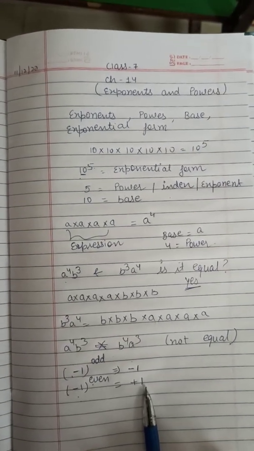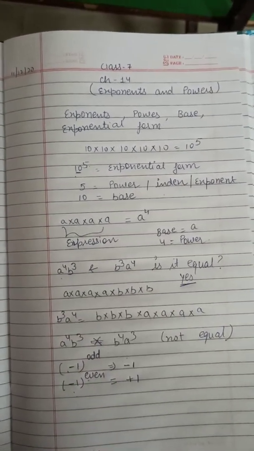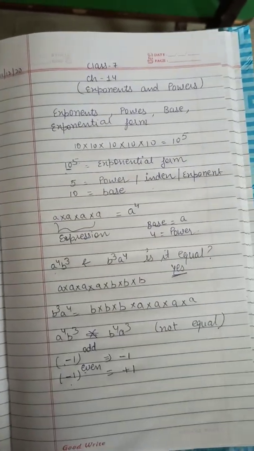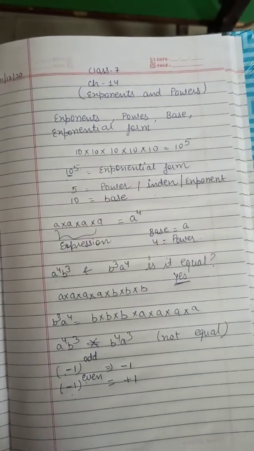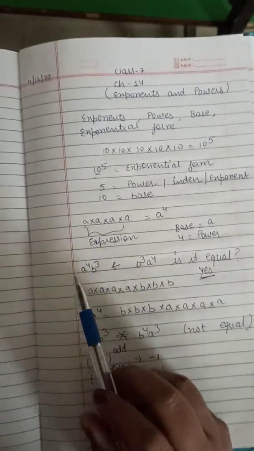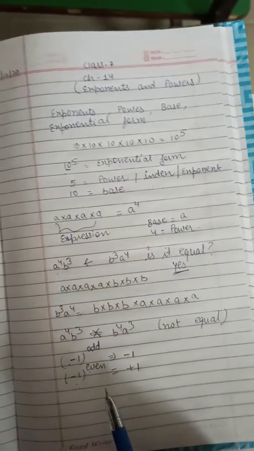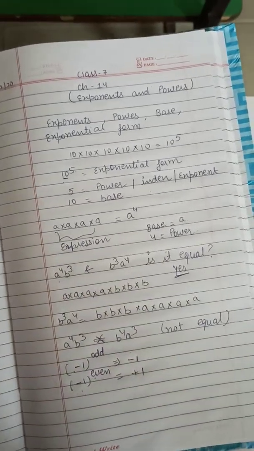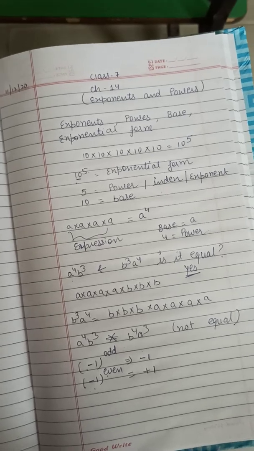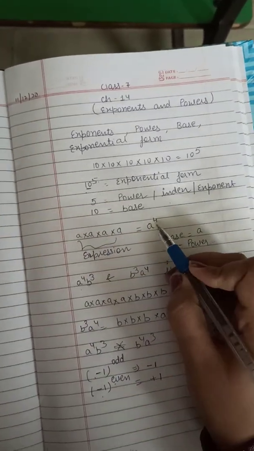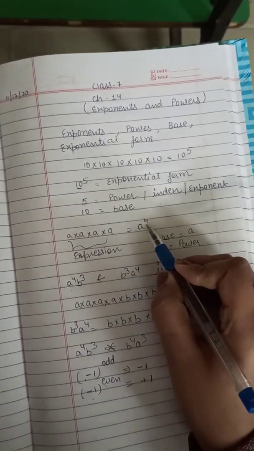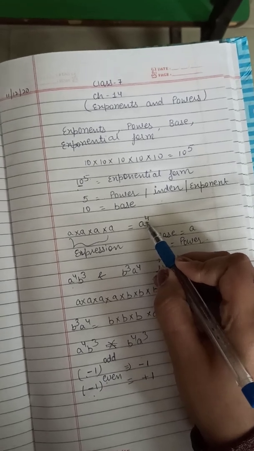So in this exercise, firstly, the exponential form of a number is a number expressed as a repeated multiplication of its factors. Second, the number that is repeatedly multiplied by itself is called the base.